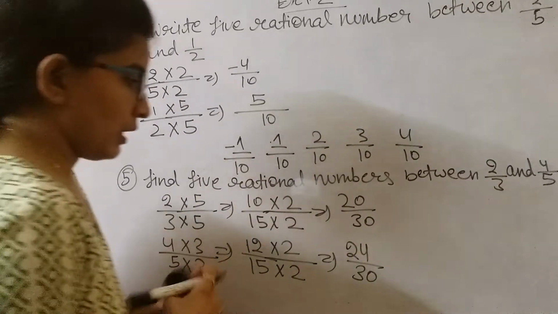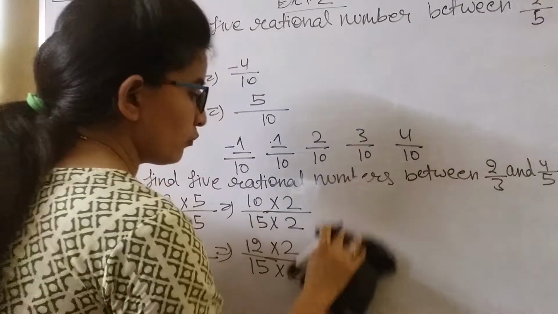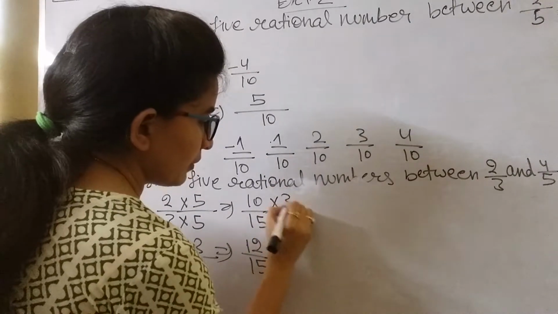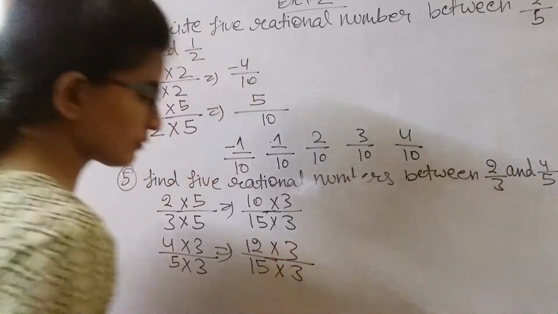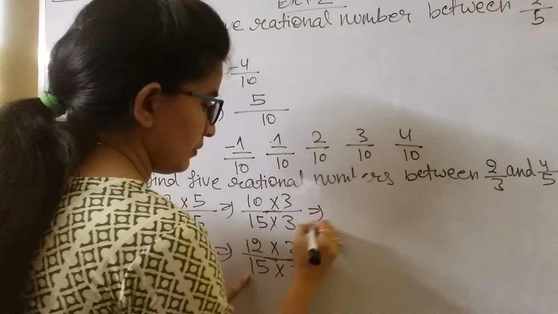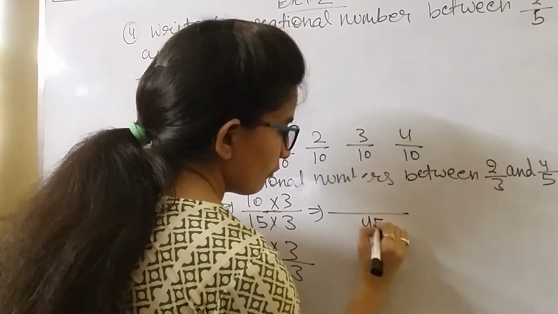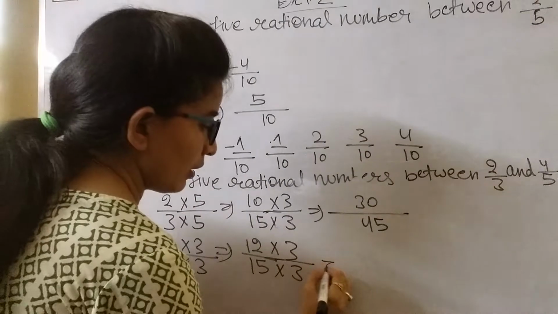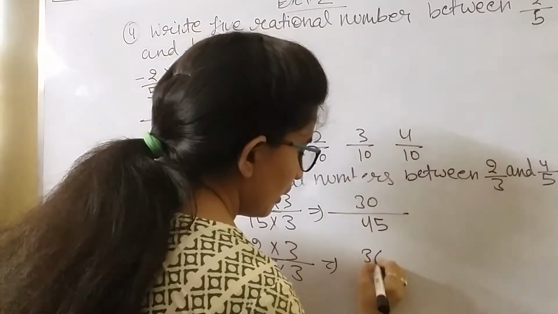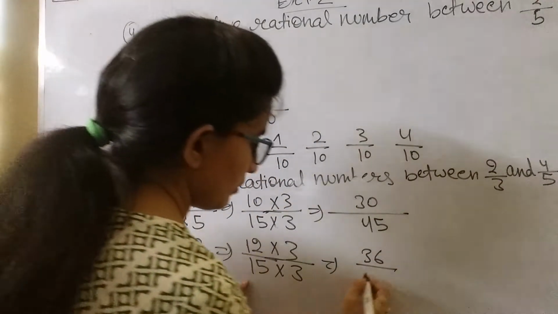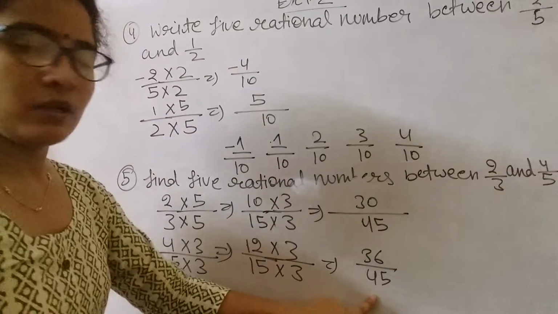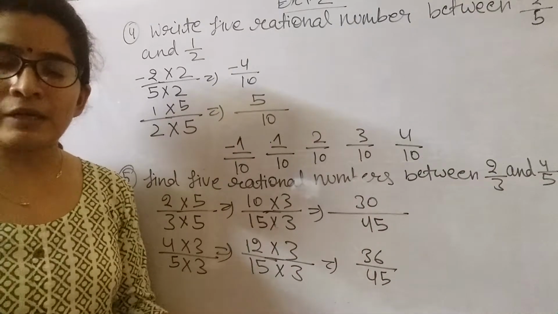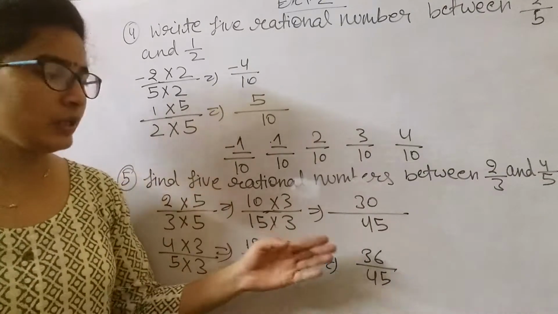So we will increase it. Instead of 2, we will increase the number by 3. So that will be 30 in the numerator and 45 in the denominator. Here it will be 36 in the numerator and 45 in the denominator. Now by increasing the numbers by 3, we can see that we are finding more rational numbers between these numbers.